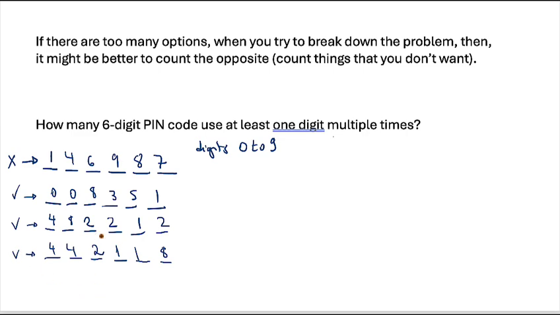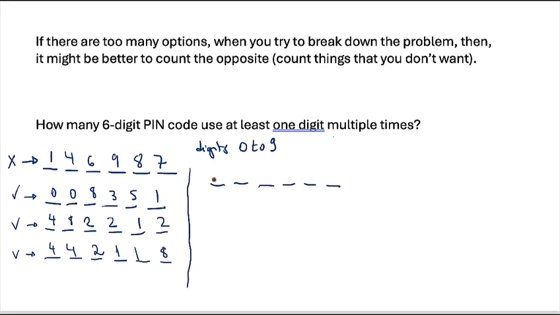So, you could try to think about finding this kind of number, repeating numbers. You would have to think about this. First, let's try to find the numbers that have 0 repeats, right?